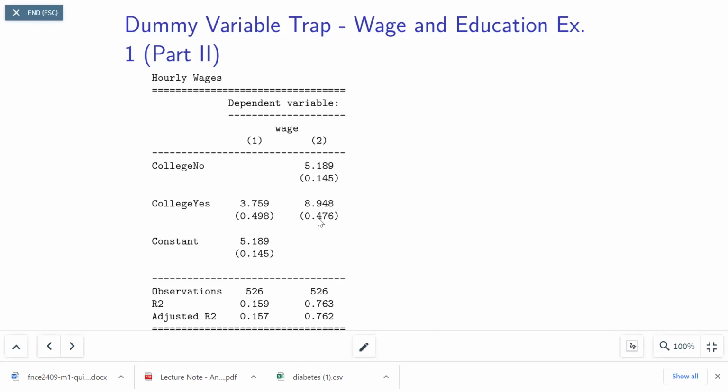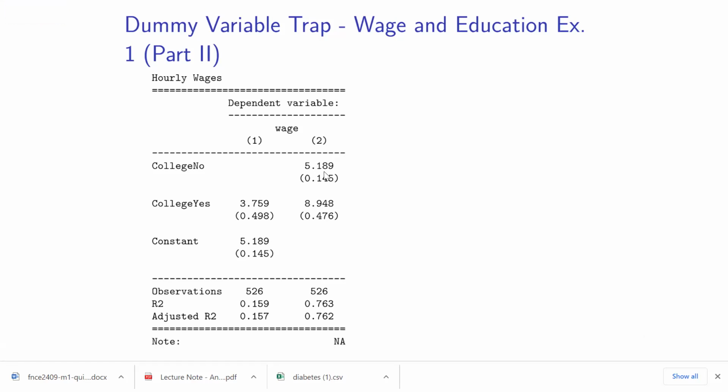In the second regression, I forced the intercept of the regression to 0 and reran this regression. The output now shows what is the mean wage for each category of workers. For someone with a college degree, the mean wage is $8.95. And for someone without a college degree, the mean wage is $5.19.